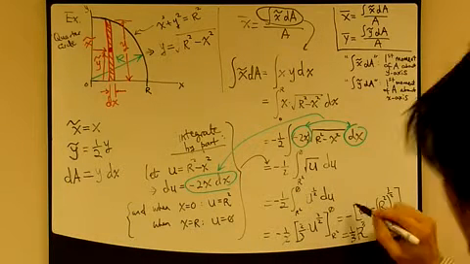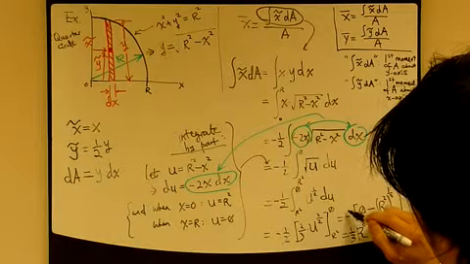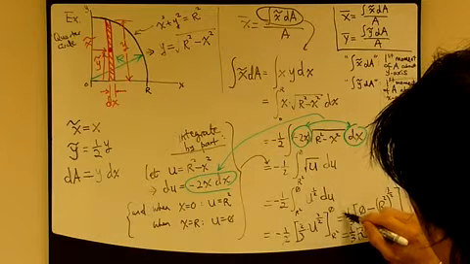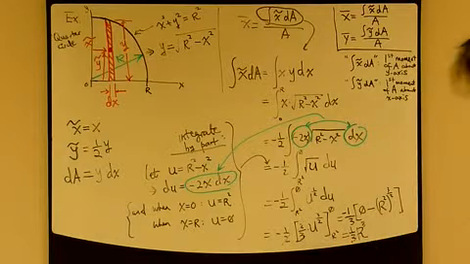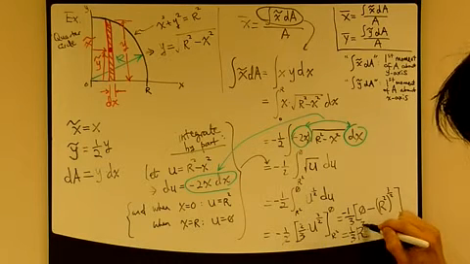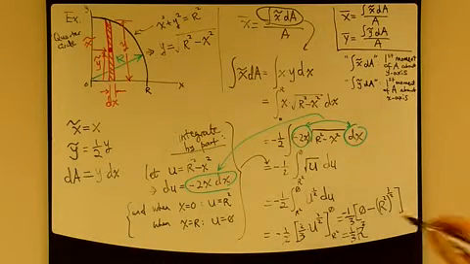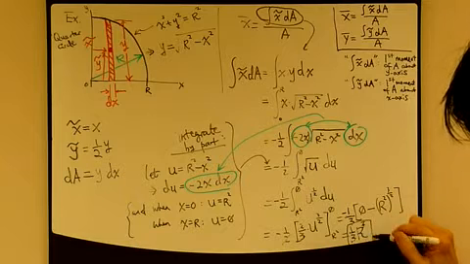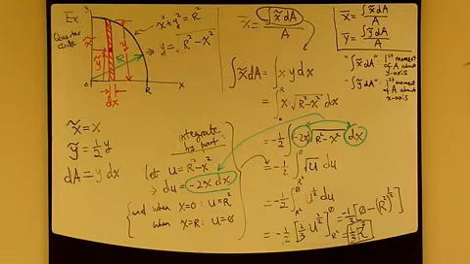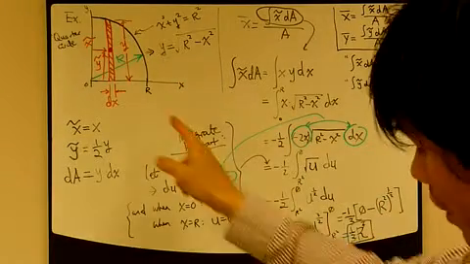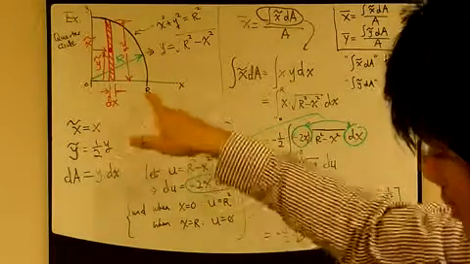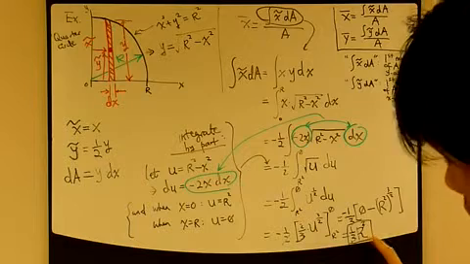Actually I have 1/3 out here. There you go. Because this guy survives. So this is the x bar location. So simply 1/3 of the r cubed.